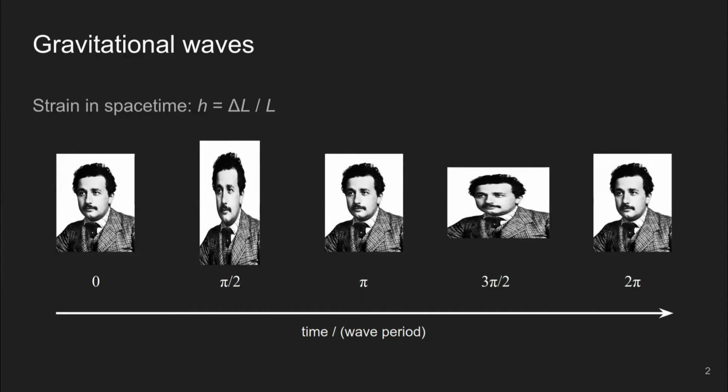So when a gravitational wave passes through an object, it causes this strain that in one direction it compresses, and then in the other direction it stretches. And a wave, we say it's oscillatory. And so what I'm showing you here is just how the stretching and the squeezing progresses over a period of the wave.